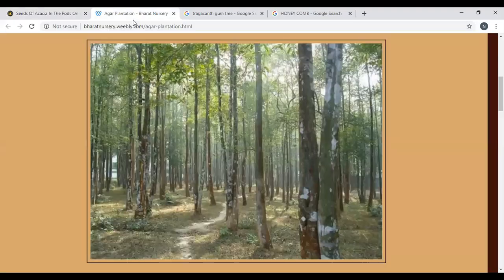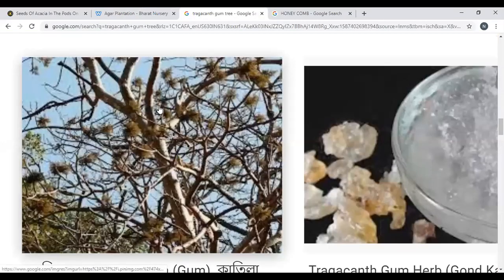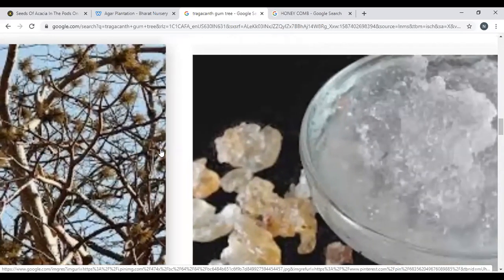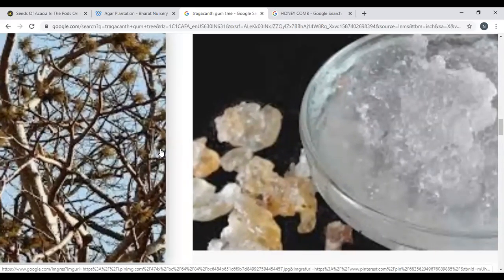Next is the Agar. These are the plantation of Agar gel. Here, the barks are scrapped, and later on, ultimately, the gel is obtained. Next, this is the plant of Tragacanth, and here these are the gum, Tragacanth gum.